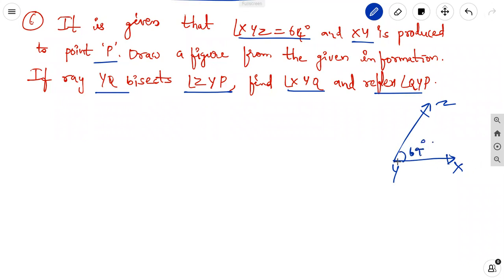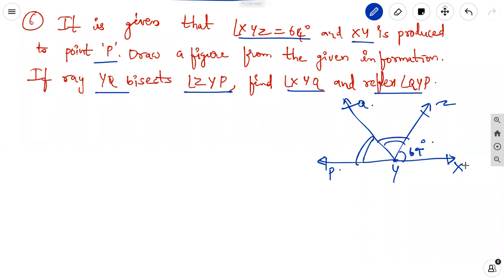And this line XY is produced to point P. Draw a figure from the given information. Ray YQ bisects the angle. Bisects means these two angles are the same.